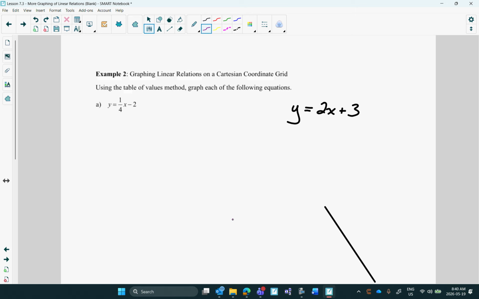When you graph these things, first step, you want to check and make sure that y is by itself. Is it? Yeah. So that's done. That's easy. Second, we make a table of values because we need some points to plot. Always pick 0 for x.